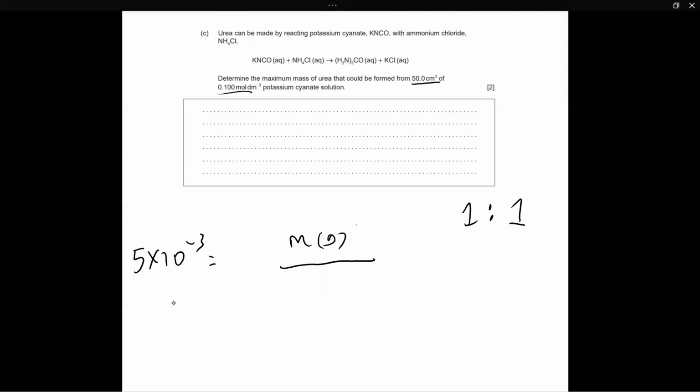We also know the molar mass of urea, which is 60.06. If you're confused about how I got this, you just have to add up the relative molecular masses of all the elements used and the number of atoms of each in urea. I'm sure all of you know how to calculate the molecular mass of a substance. So this is the molar mass of urea.